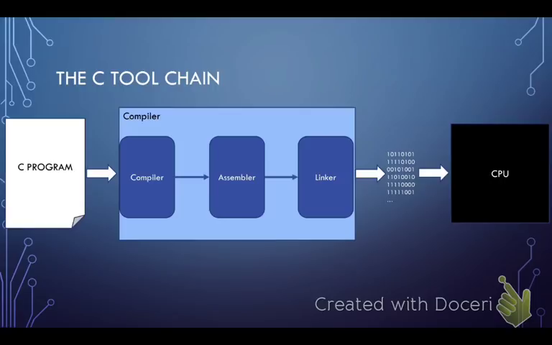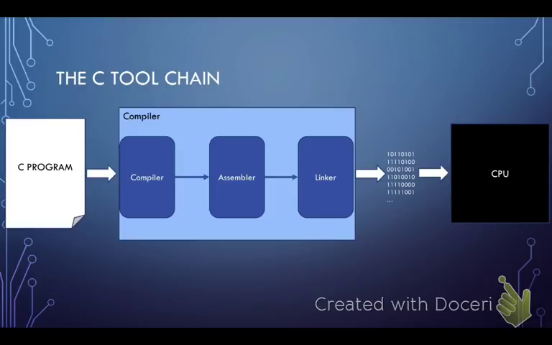So the linker will take all of the object code, it's known as, okay? If I didn't mention that, I'll mention it here. If I'm repeating myself, I apologize. But the assembly code that has been translated into machine code is known as object code. And so the linker will take all of that object code from all of those different files and tie those things together in memory. It'll lay everything out, and then it'll go, okay, so here's where the addition with saturation function lives, and it's called up here.